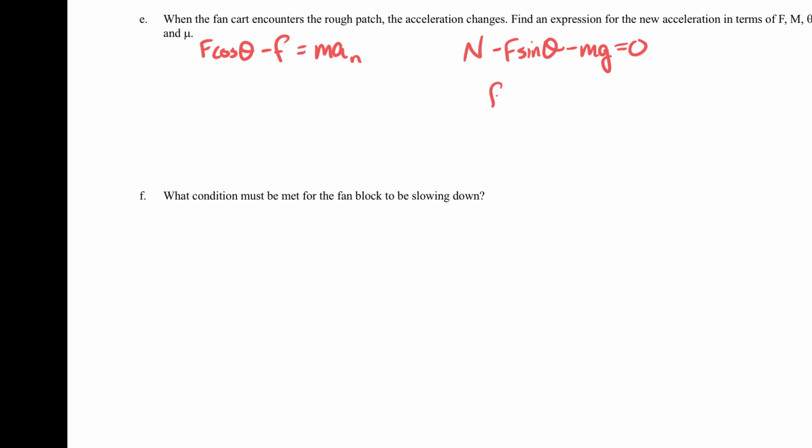So the kinetic friction is going to be mu times the normal force, which is f sine theta plus mg. I just solved this for n and plugged it into friction equals mu times the normal force. Are those all reasonable things?